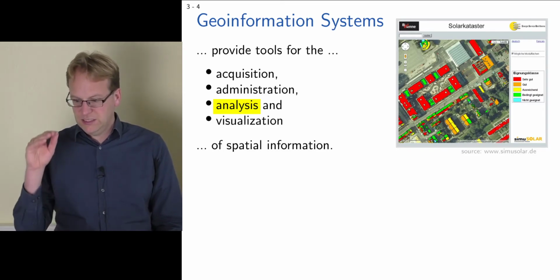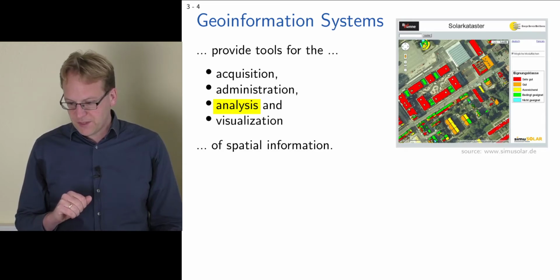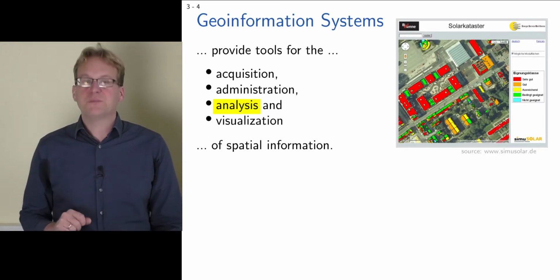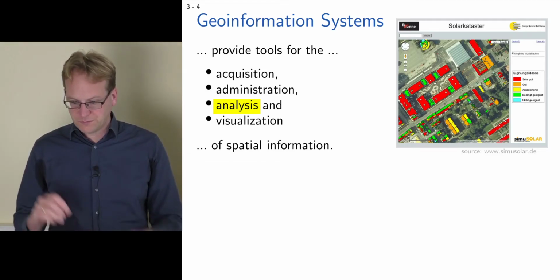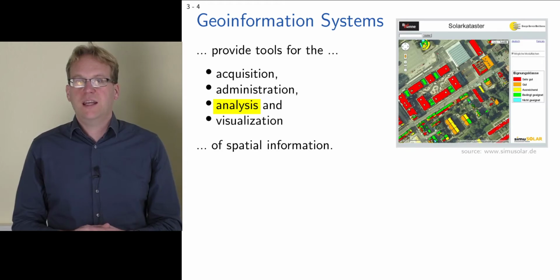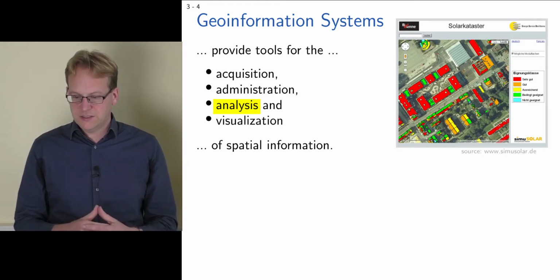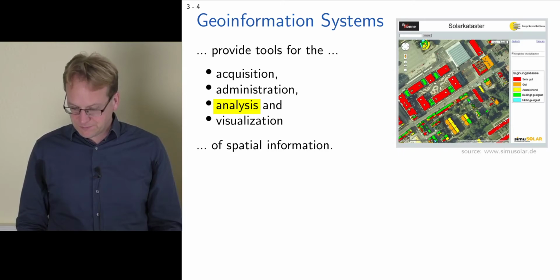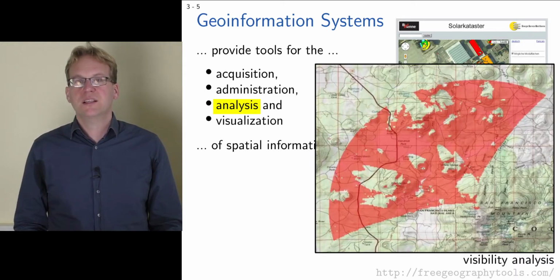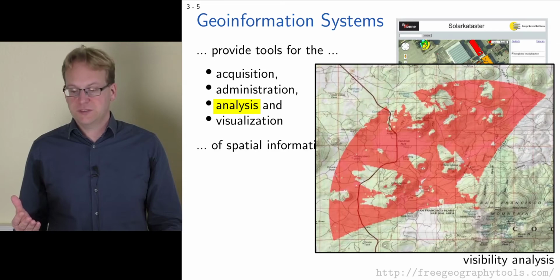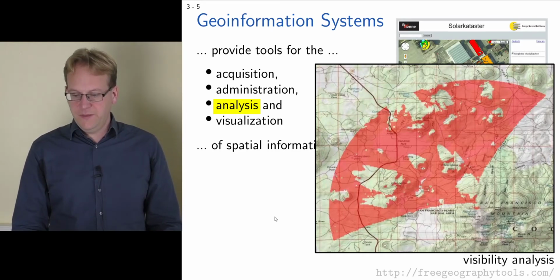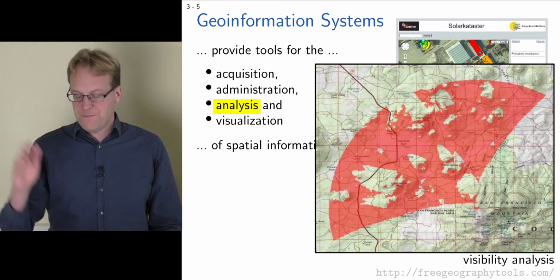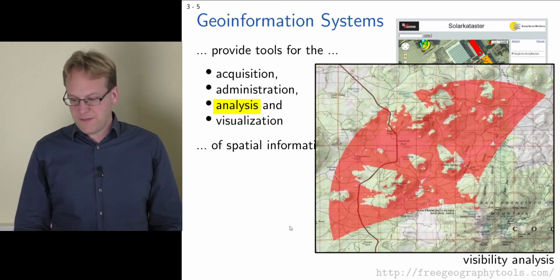You can see here in red those buildings which are very promising for solar panels to be placed on the roofs in order to produce energy. A second example is visibility analysis. Suppose you are standing somewhere here on this hill. In red you can see all the region which is visible from that location.